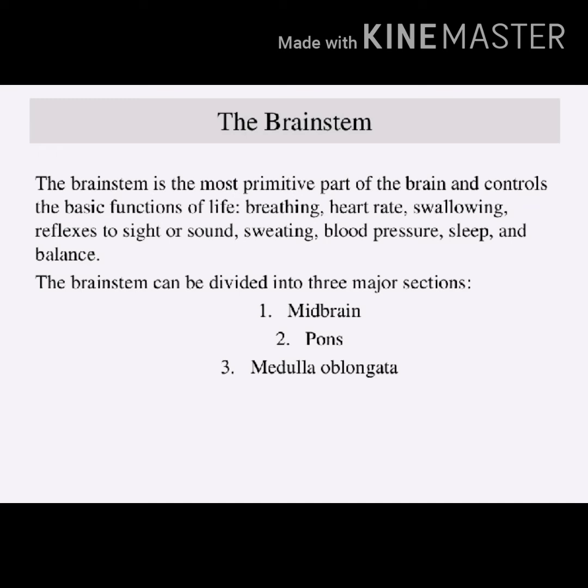Next one is the brainstem. The brainstem is the most primitive part of the brain and controls the basic functions of life like breathing, heart rate, swallowing, reflex to sight or sound, sweating, blood pressure, sleep and balance. All the regular life functions are done here. There are three major sections, that is the midbrain, pons and medulla oblongata.